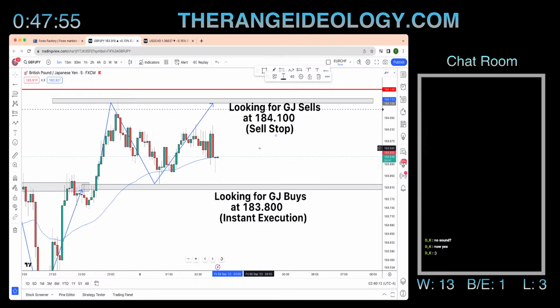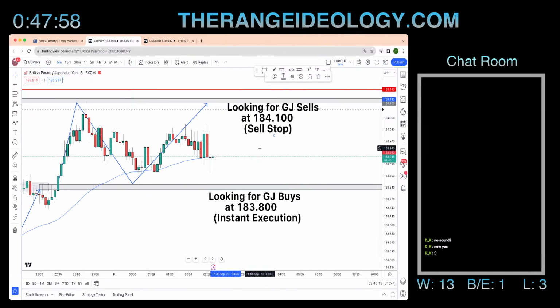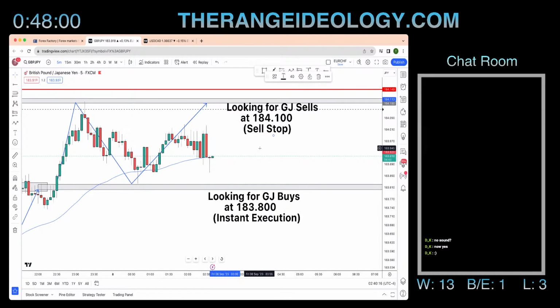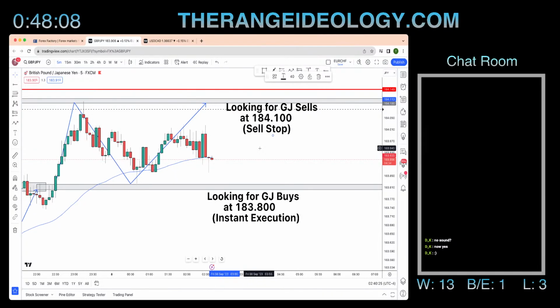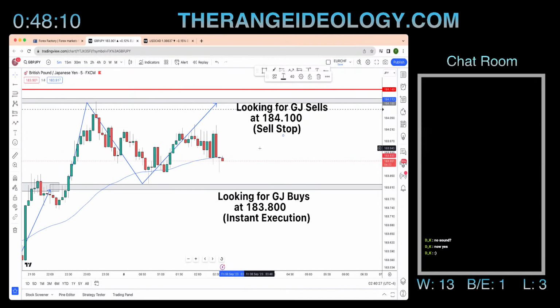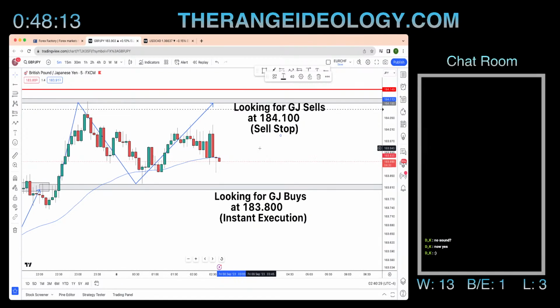In the long run, you'll see why that's beneficial. All right, so another 5-minute candle. Let's see how it pushes.